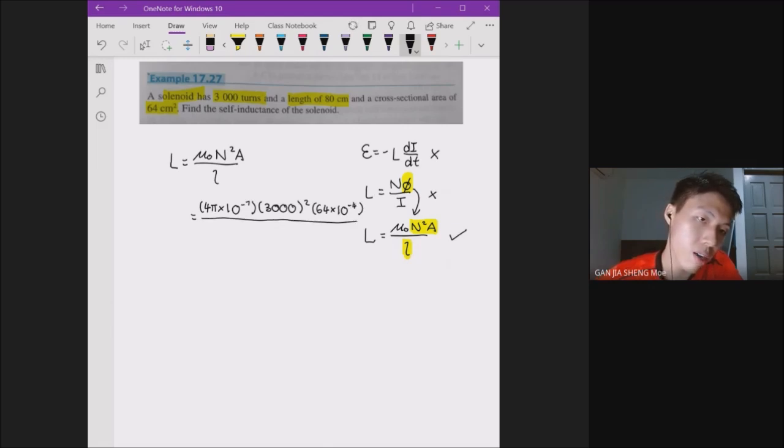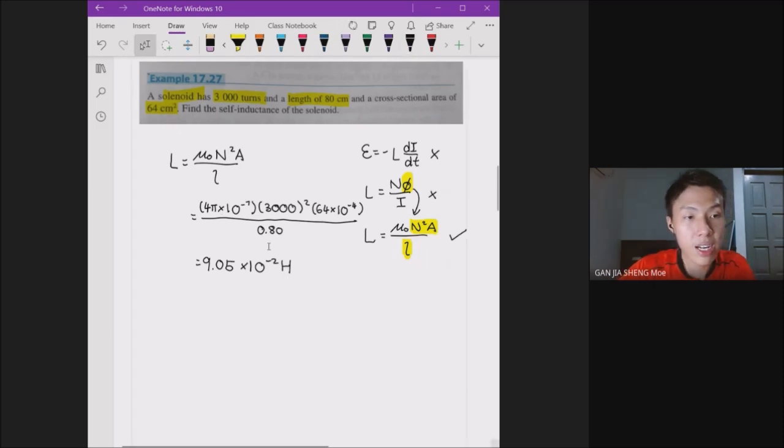Divide by the length of the solenoid, which is 80 cm, changed to 0.80 meter. If you do everything correctly and put it into your calculator, you should get 9.05 times 10 to the power of negative 2 Henry. So this will be the self-inductance of the solenoid.